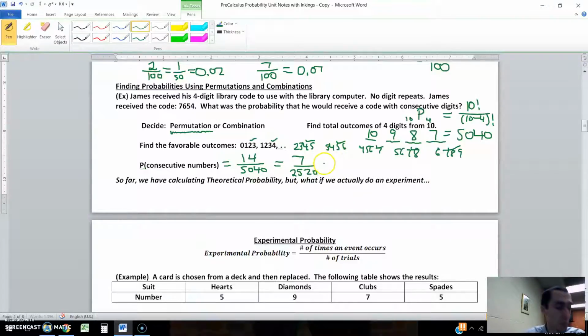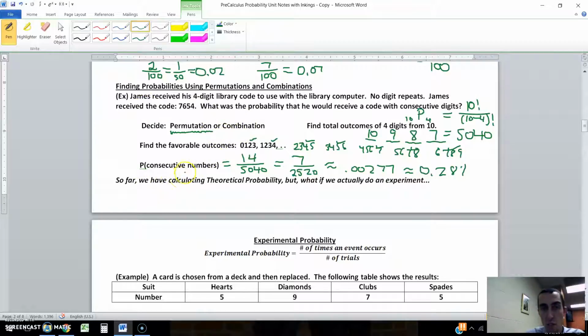Now if we need to get an approximate number, then we can divide that out, and we would have approximately 0.002, and then I believe the 7s are repeating there, or approximately 0.28%. So about 1/4% is the probability that James would get a code like the one that he had.